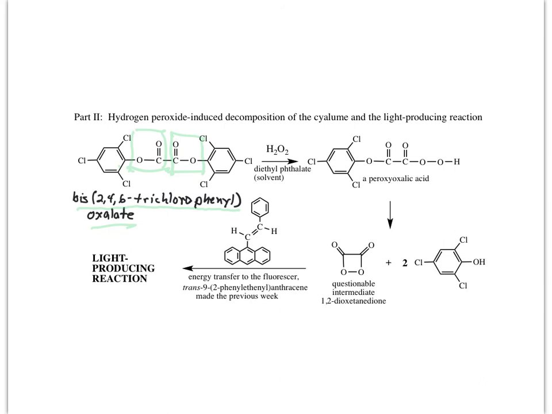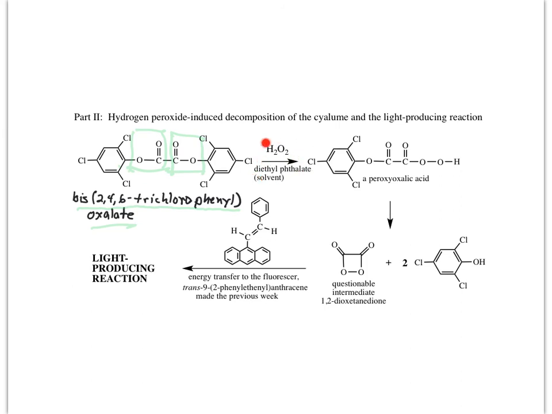So the next step of the reaction, we have to create a high-energy molecule that will excite our fluorescent compound. We'll create it and isolate it, and then we'll react it with hydrogen peroxide in a diethyl phthalate solvent. It's a fairly high boiling solvent, okay?